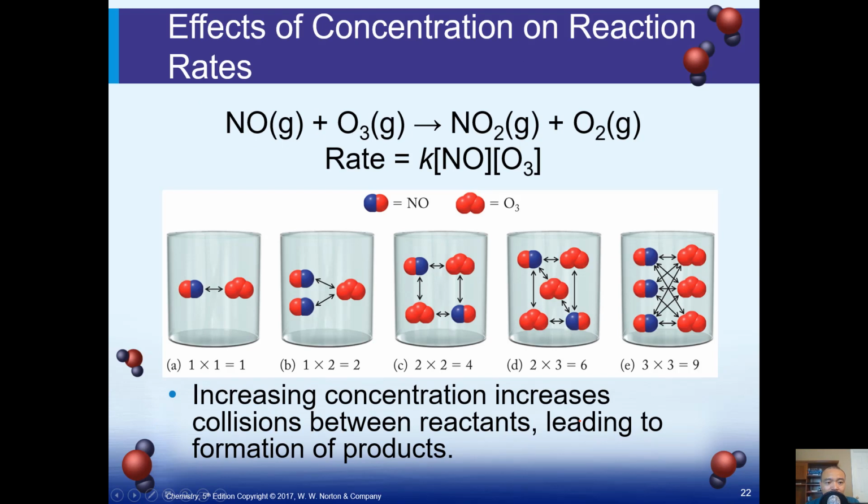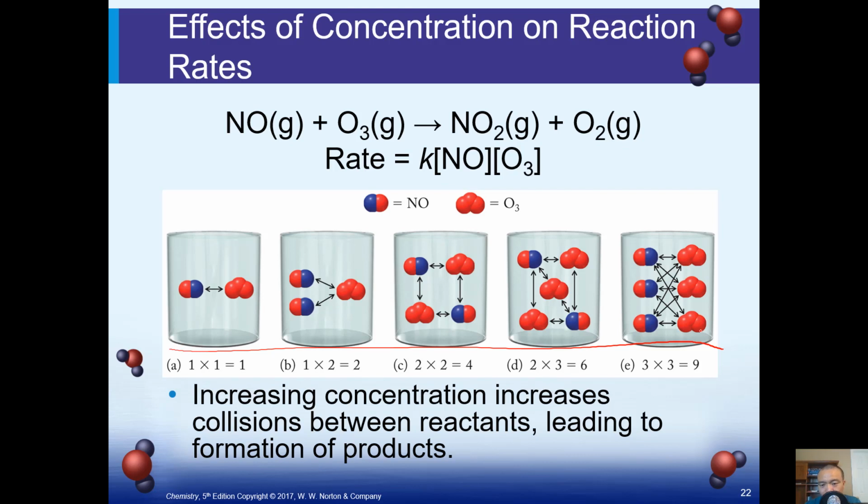Now let's look at the effects of concentration on reaction rates. We can rationalize the dependence of reaction rates on concentration by considering the illustration in this figure. The rate law indicates that the rate is first order with respect to NO and O3, ozone.